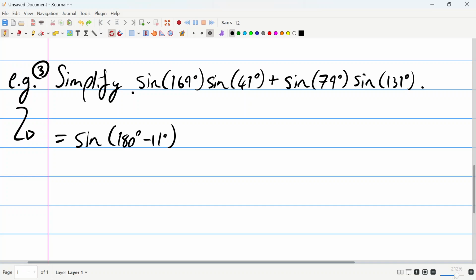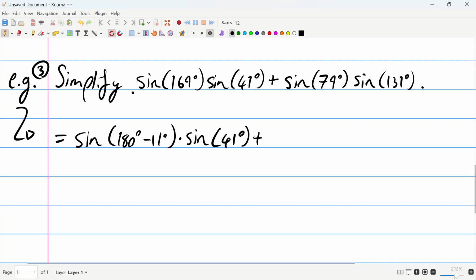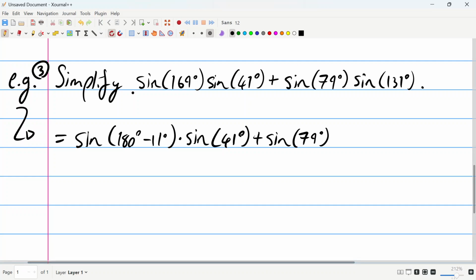Multiplied by sine of 41 degrees, and then we add it with sine of 79 degrees, multiplied by sine of, what else do we have? 131, notice that that's also above 90 degrees, but let's use 180 degrees, and we subtract something to get this. What are we going to get? It will be 49.